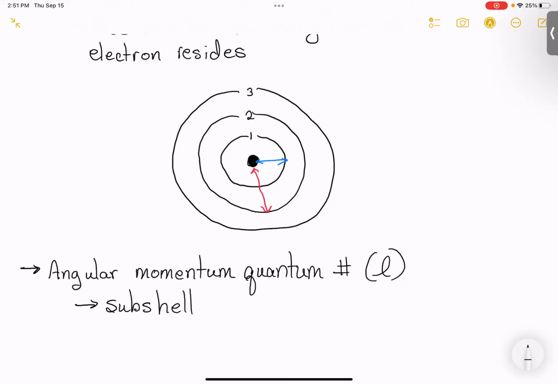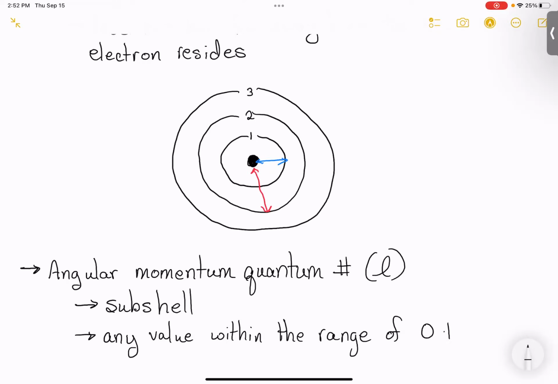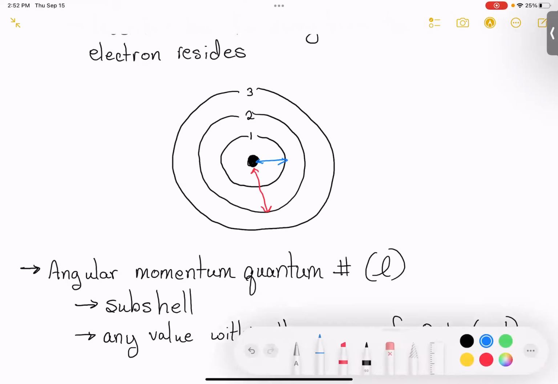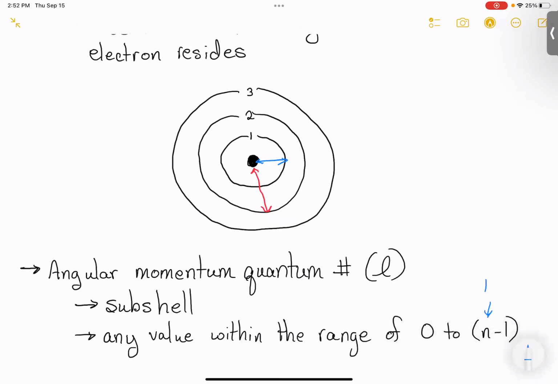An angular momentum quantum number can be any value within the range of 0 to n-1, where n is, again, the principal quantum number.